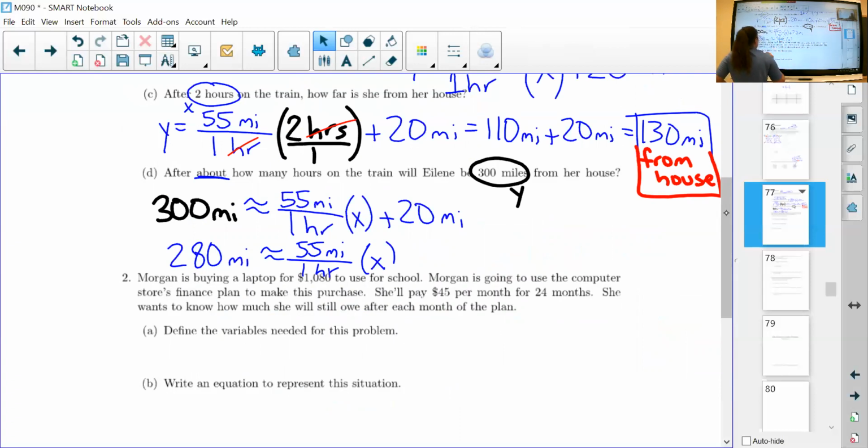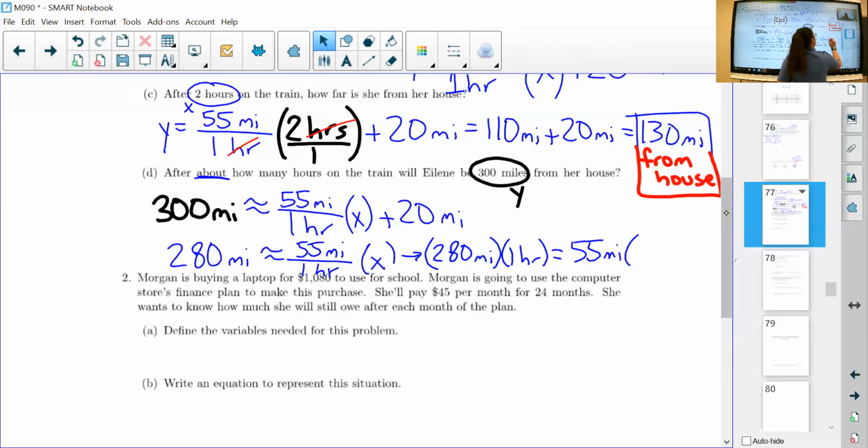But yeah, why don't we do that? So we have 280 miles times 1 hour equals 55 miles times X.